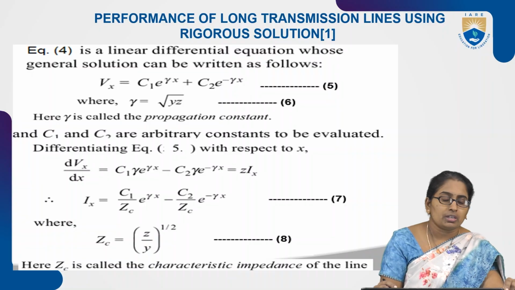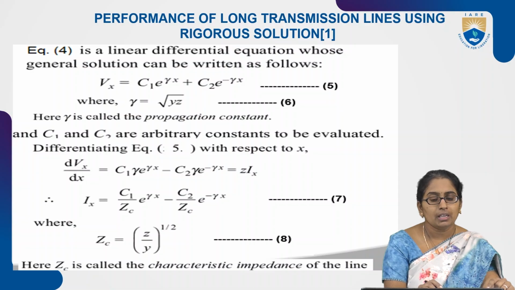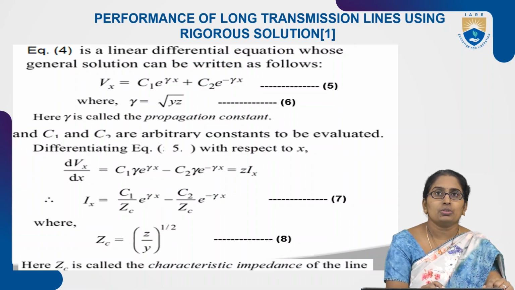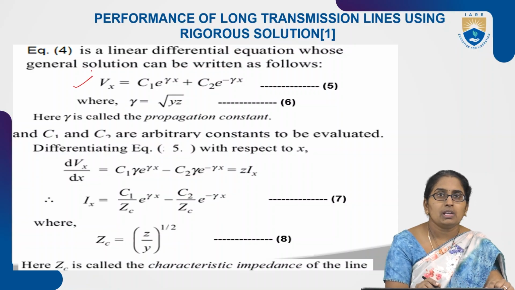So the solution is what is mentioned here. Equation 4 is a linear differential equation whose general solution can be written as follows: Vx is equal to c1 e power gamma x plus c2 e power minus gamma x, where c1, c2 are arbitrary constants which need to be evaluated.